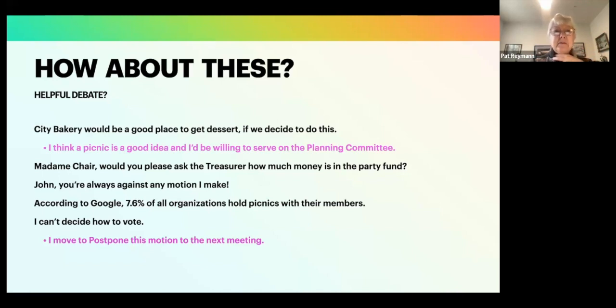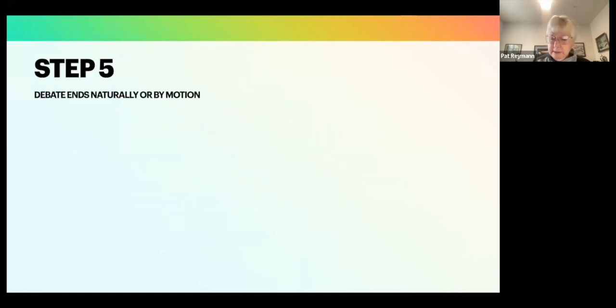And instead of making the decision at this meeting, let's make the decision at next meeting and just think about it more and maybe get some more information if we can. But that would be one way to help you decide how to vote, by putting it off a little bit.